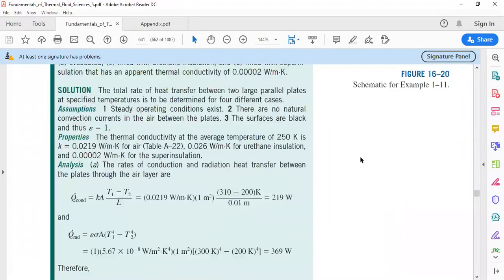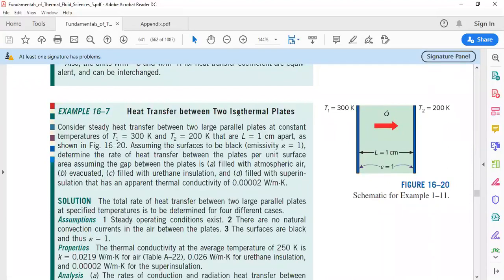This last example talks about the heat transfer between two isothermal plates. Consider steady heat transfer between two large parallel plates at constant temperatures T1 and T2, of 300 and 200 Kelvins. The distance between the two plates is 1 centimeter.